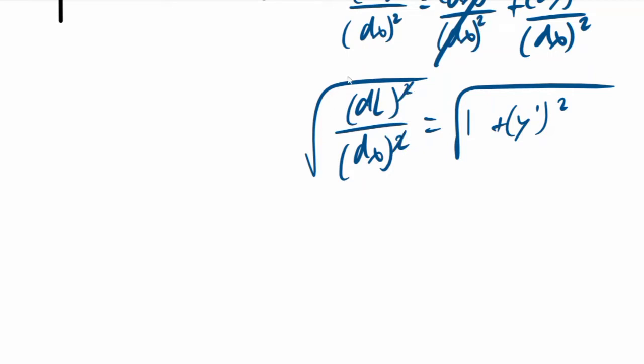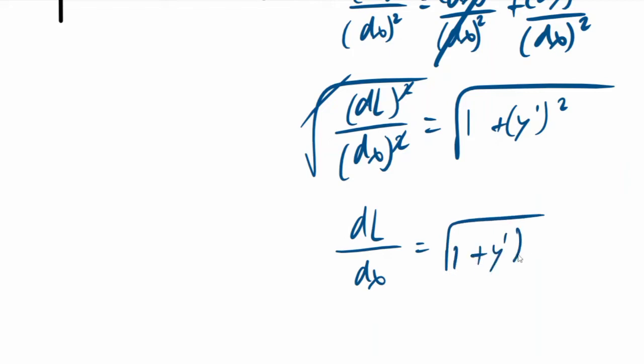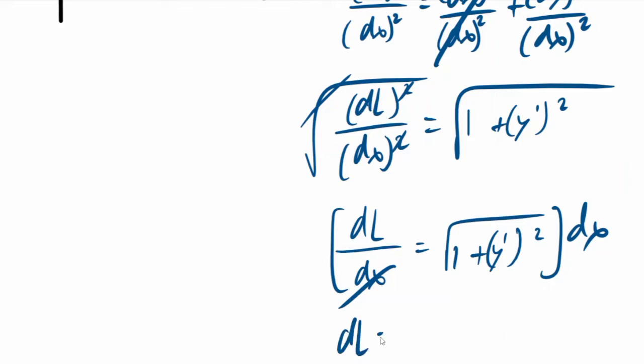Both of these will cancel out, so we have dl over dx equals the square root of 1 plus y prime squared. Now we transpose dx. We multiply dx on this side and this side, cancel out this dx here to have dl equals the square root of 1 plus y prime squared dx.